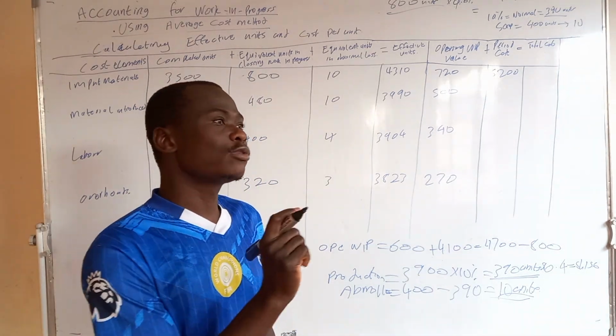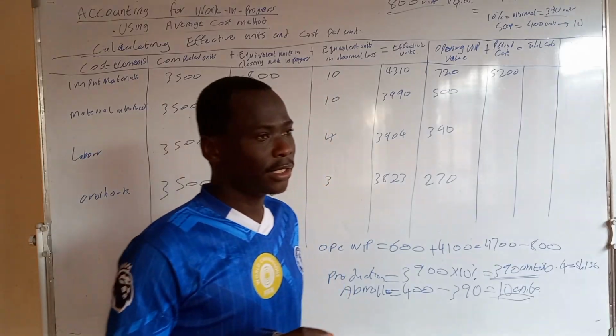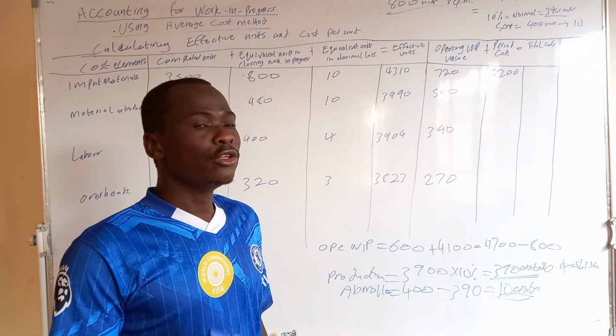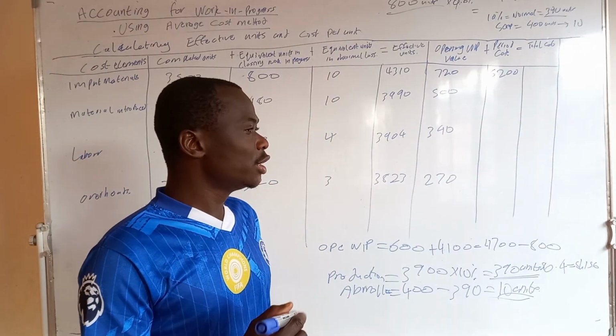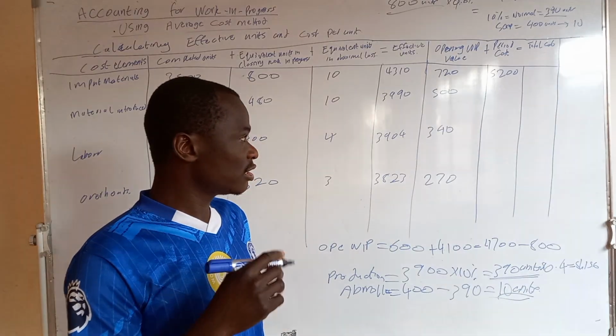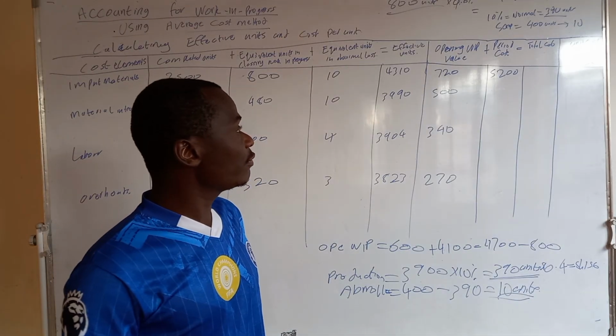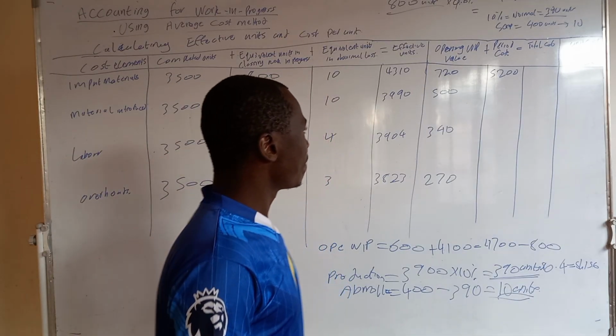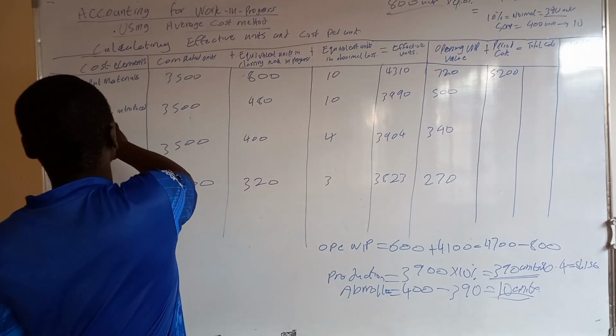What you expected to incur as a loss has brought in something, so you use that to reduce the cost of your material.